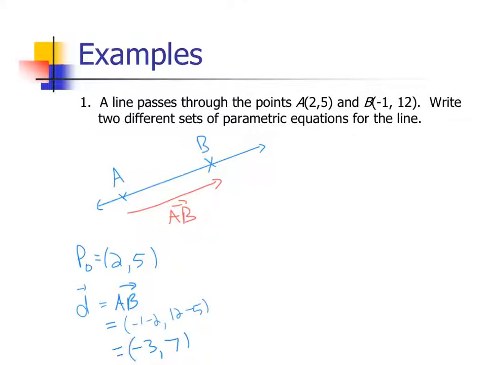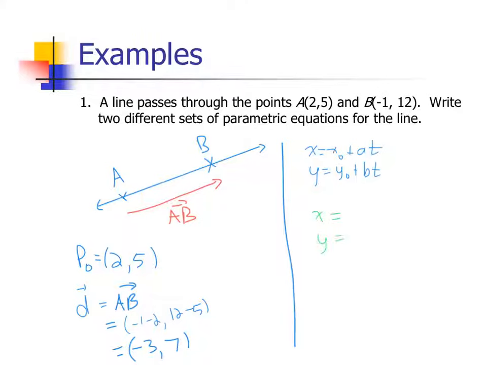So now, we have our direction vector, and we have our P naught, or our starting point. So we can now make the parametric equations for this line. Remembering that the parametric equations are x equals x naught plus AT, and y equals y naught plus BT. So just like in y equals mx plus b form, we leave the x and y, right? Because they represent any point on the line.